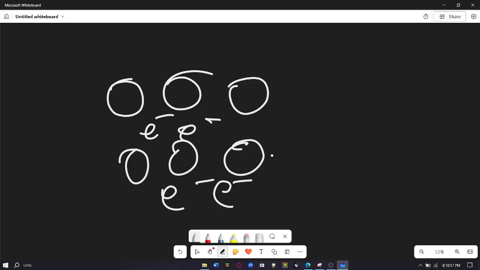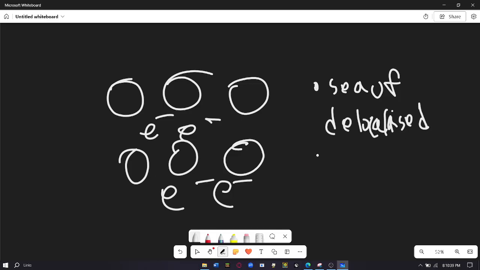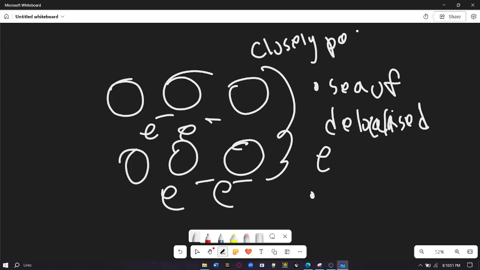When you're asked to describe the diagram, the 2 points you have to write are that there is a sea of delocalized electrons, and that these ions are closely packed.